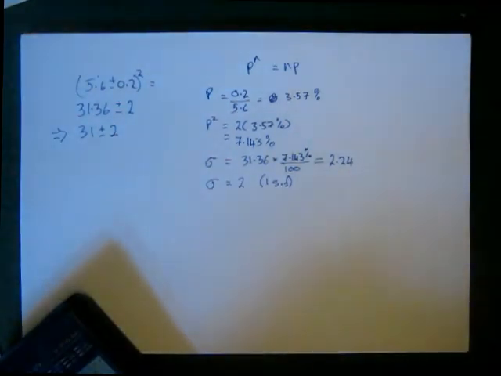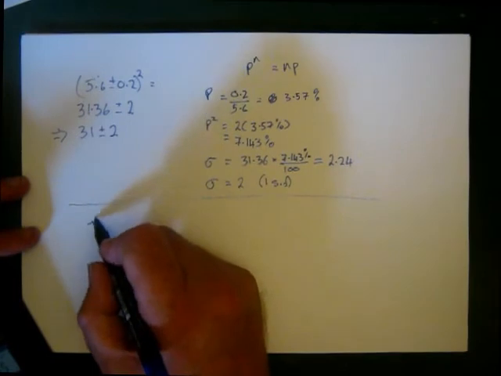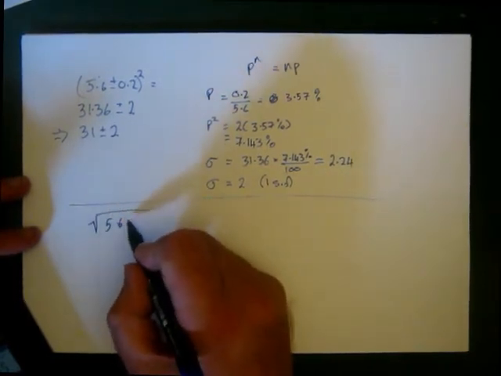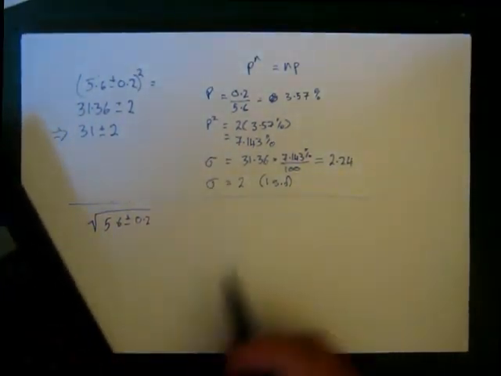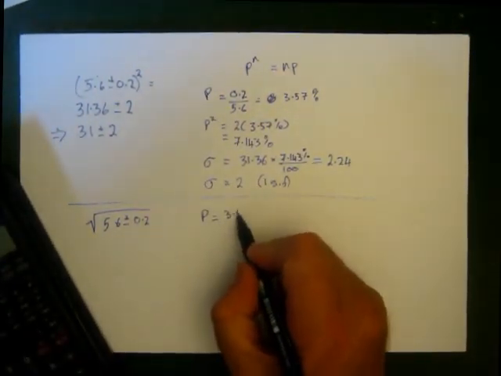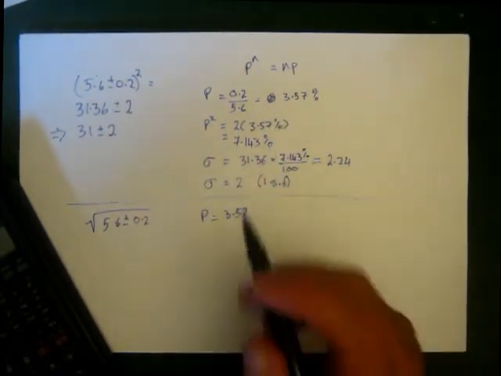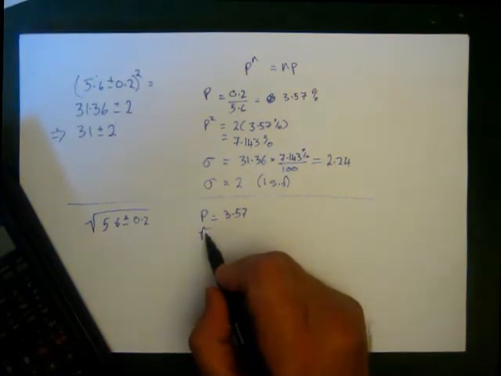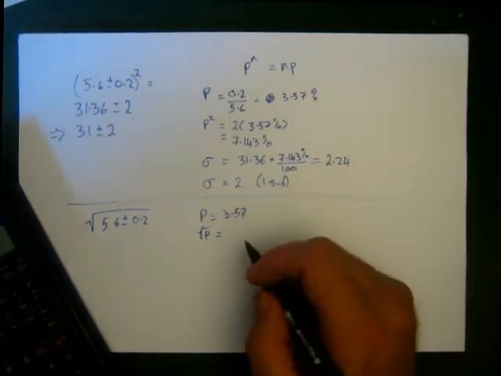So what about if we do a square root? Let's say I take the square root of 5.6 plus or minus 0.2. Well, we're going to do the same thing. We convert it, so p is equal to 3.57%. We did that, it's the same value here. So the percentage for the square root is going to equal, well, what power is square root?